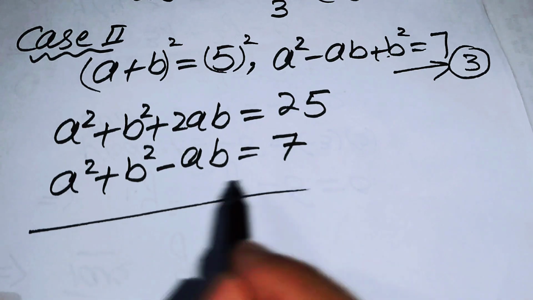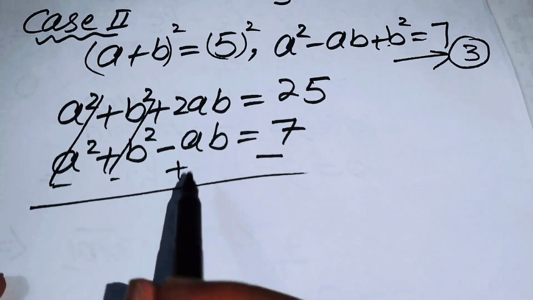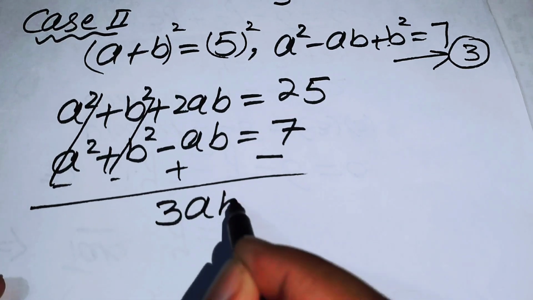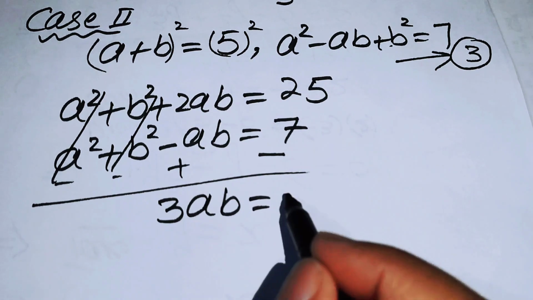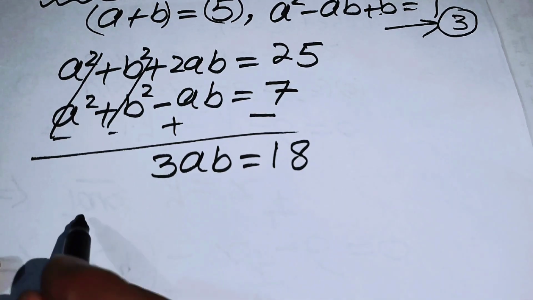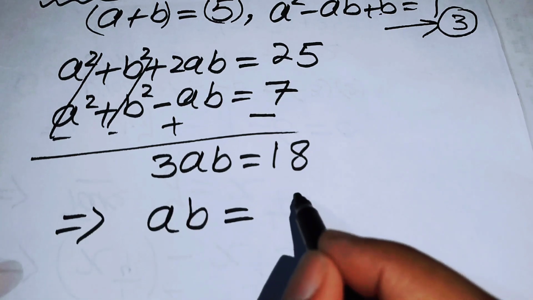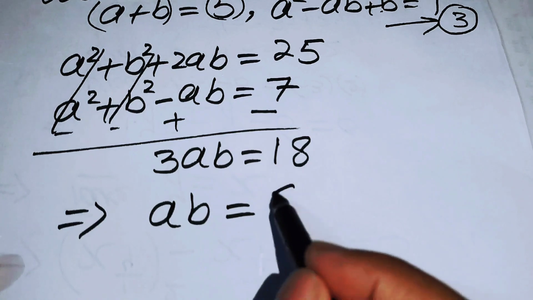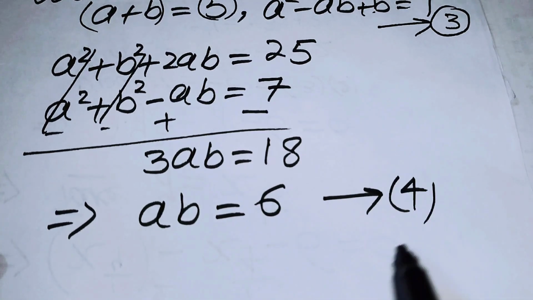Subtracting these two, these terms are gone, and you get 3 times ab is equal to 25 minus 7, which is 18. Now we move this 3 to the right hand side, and it becomes ab is equal to 6. This is equation number 4.